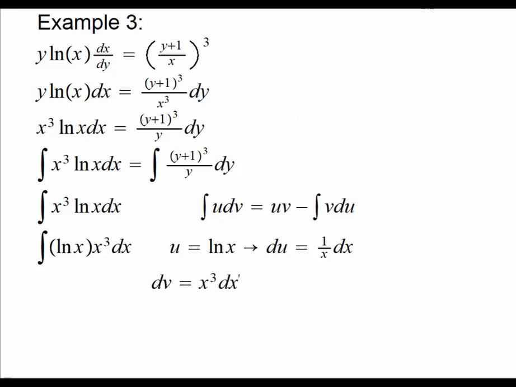If we integrate both sides, and I'm not using the integration symbols since we have matured into that, and I'm ignoring the constant at the moment because we are going to put it at the very end, v is x to the 4 over 4.